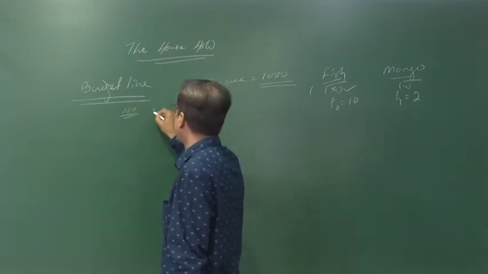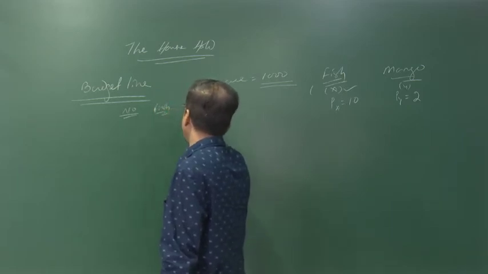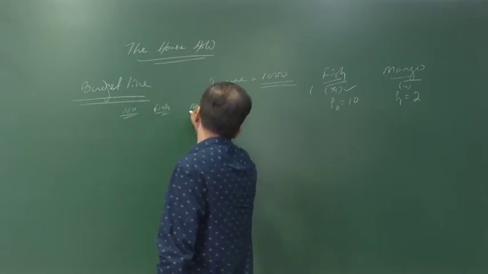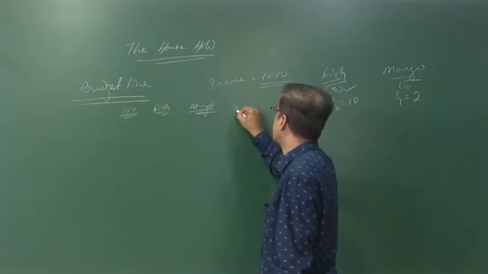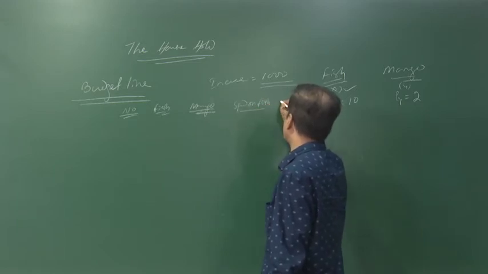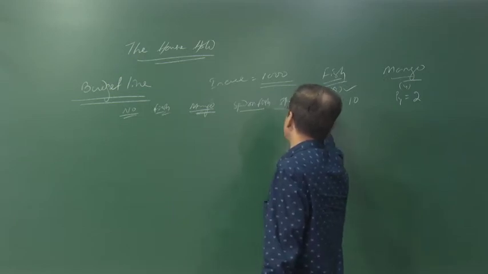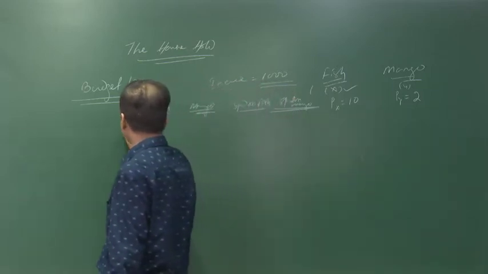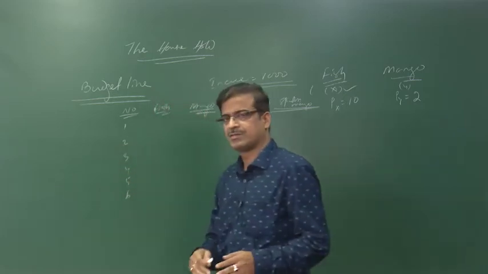Let us say number of fish to be consumed, number of mango, money spent on fish, and money spent on mango, because the addition of these must equal 1000. Let us say we take into account different combinations 3, 4, 5, and proceed like that.